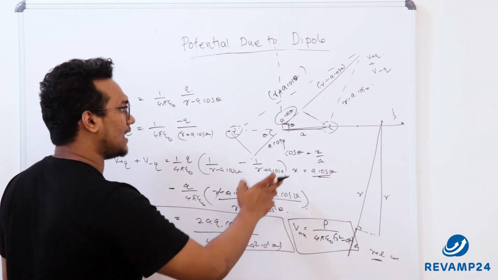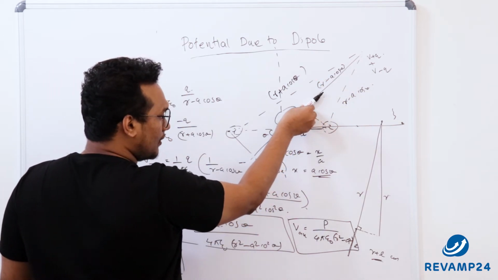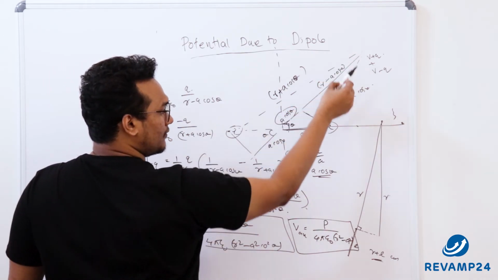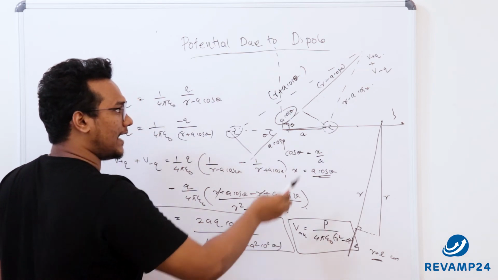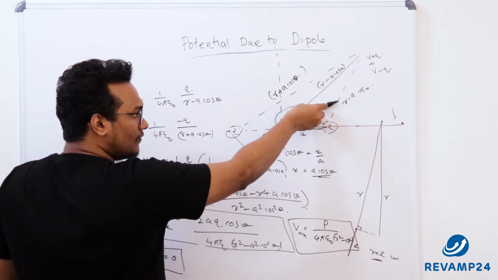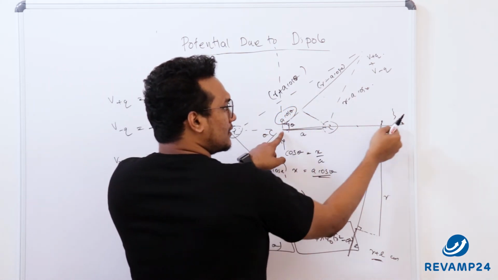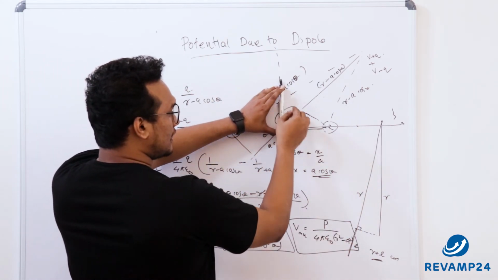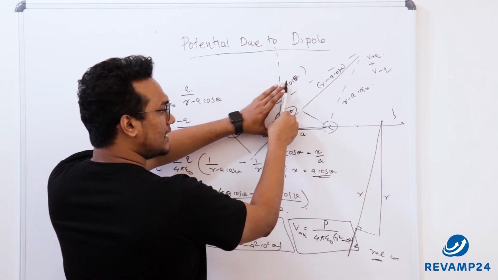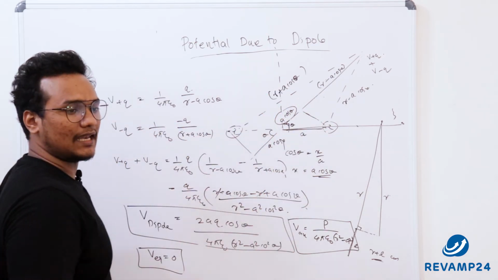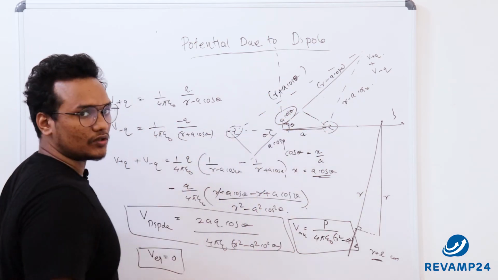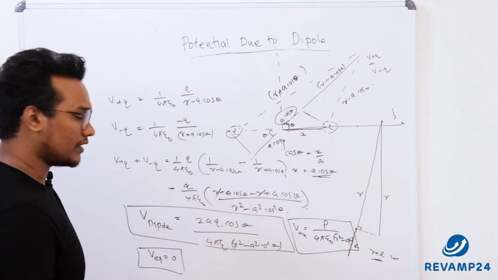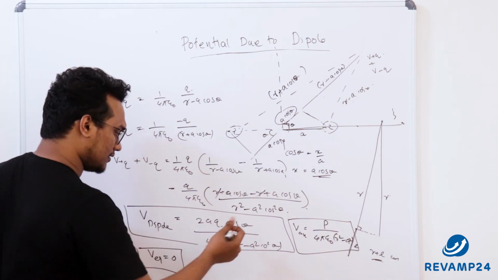Now on an axial line, this line will become parallel. So while finding the potential at the axial line, this line will become parallel with the axial line. Okay, with the equatorial line it is 90 degree, then with the axial line the angle will become 0. Now substitute cos 0 here. Theta is equal to 0 in this equation.